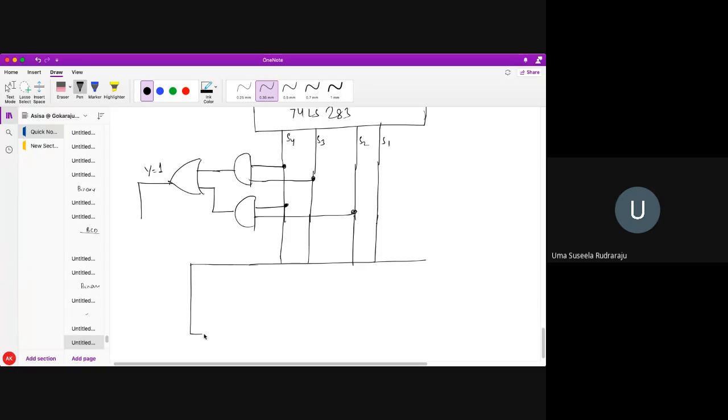This sum, 74LS283, this is S4, S3, S2, S1. This sum requires some correction. So what is that correction? It needs to be added with a fixed 0110. Am I correct, students? It needs to be a fixed 0110.